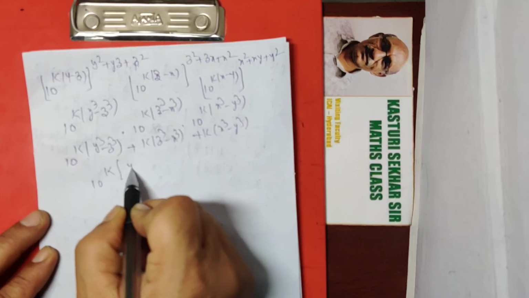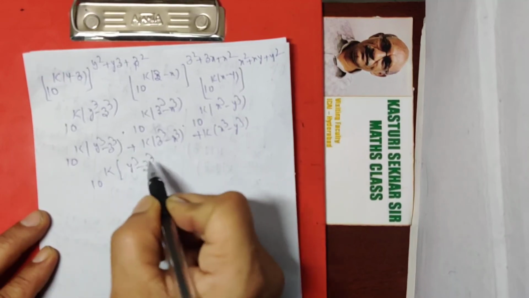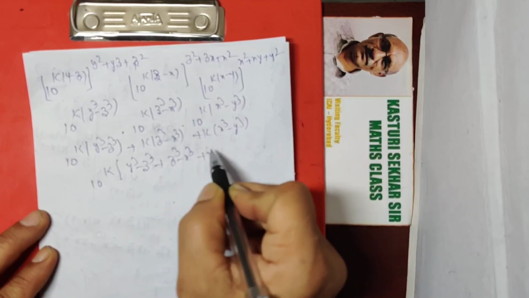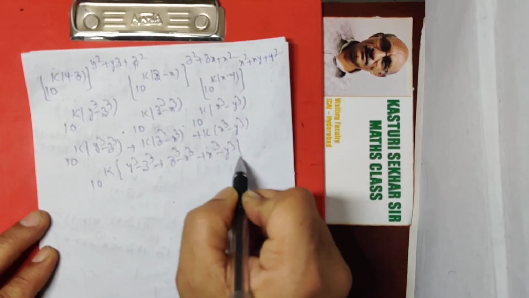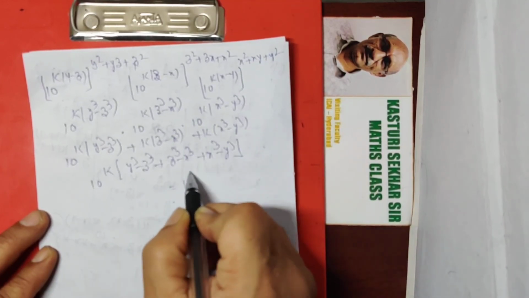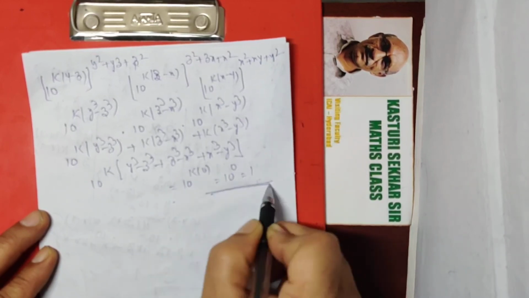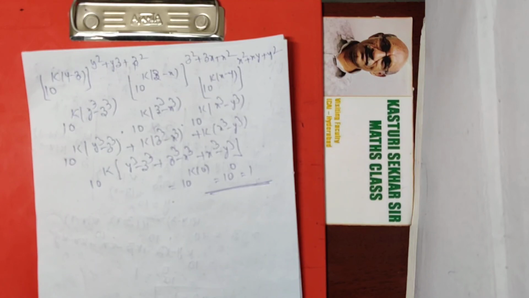If I take k as common, y cube minus z cube plus z cube minus x cube plus x cube minus y cube. 10 to the power of k into 0, 10 power 0, 1. So what is the answer, sir? 1 is the answer for this.